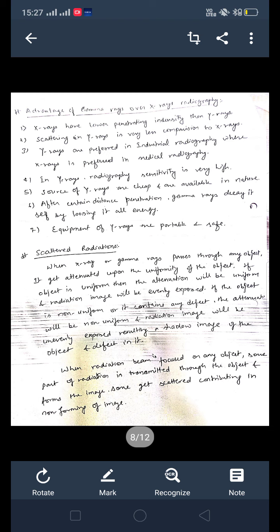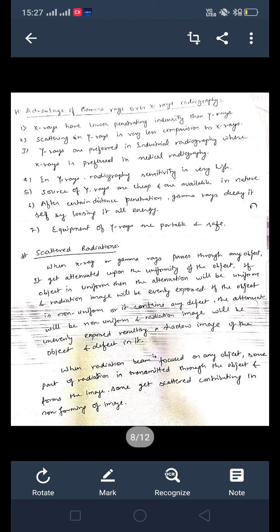The next topic is scattered radiation. So what is scattered radiation? When X-rays or gamma rays pass through any object or material, they get attenuated depending upon the uniformity of the object.